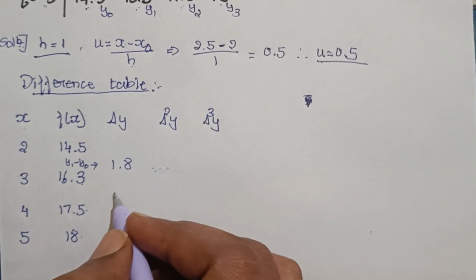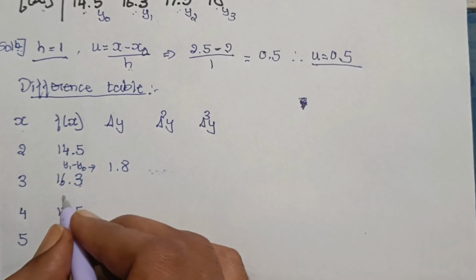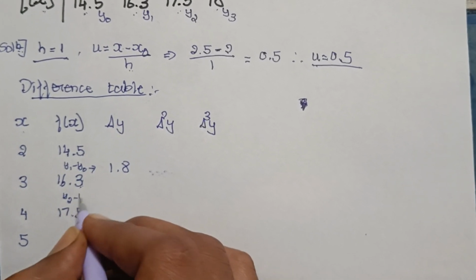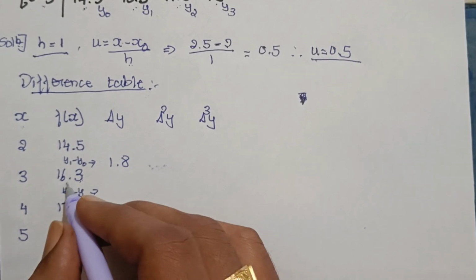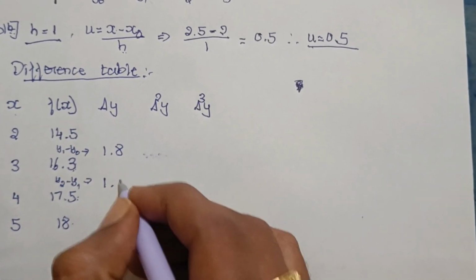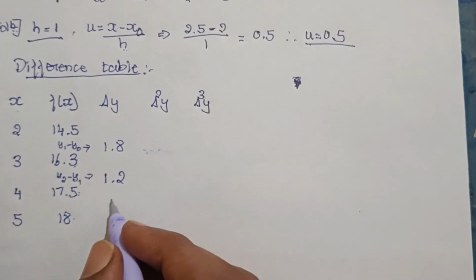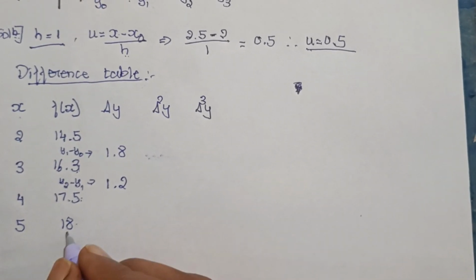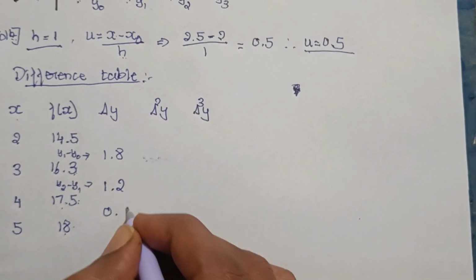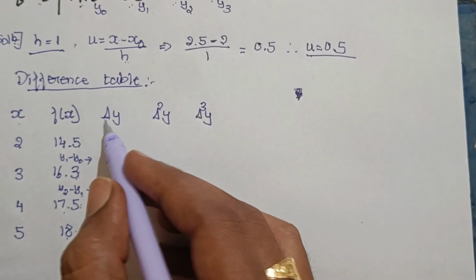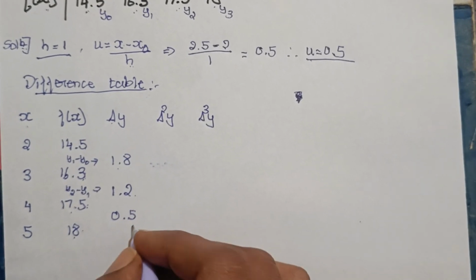Next, to find delta y1, y2 minus y1, that is 17.5 minus 16.3 gives you 1.2. This is delta y1. Next, to find delta y2, that is 18 minus 17.5, we know the answer is 0.5. These are the values of delta y, that is delta y0, delta y1, delta y2.